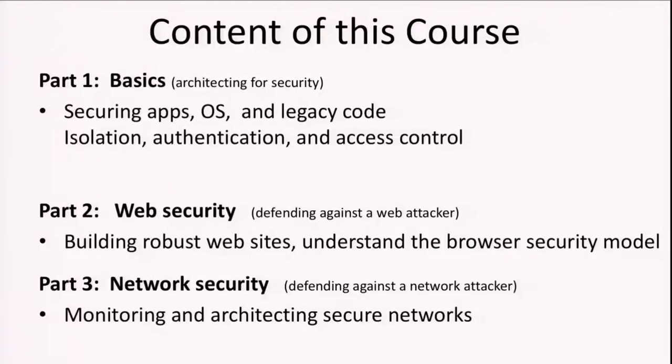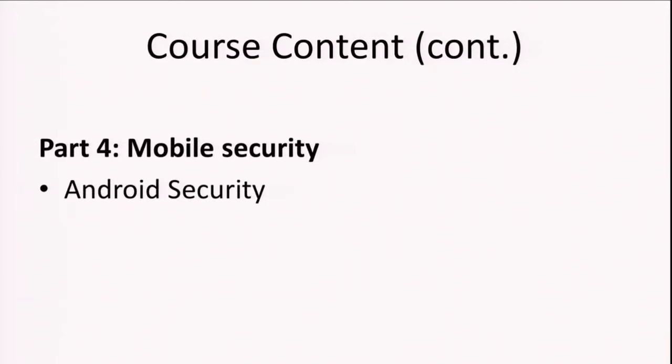Then in part 3 we'll talk about network security. How do you defend against network attackers? Monitoring and architecting secure networks, and talking about network standards and so on. Part 4 will be on mobile security. We saw that 21% in 2016 were Android compromises.